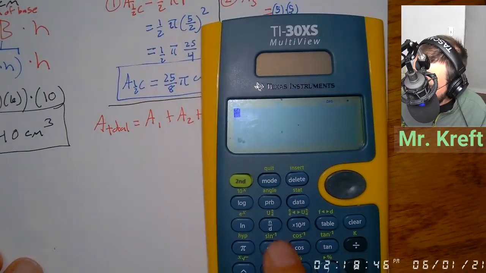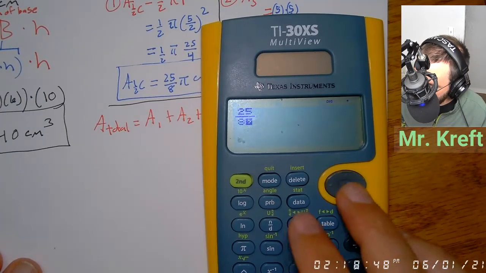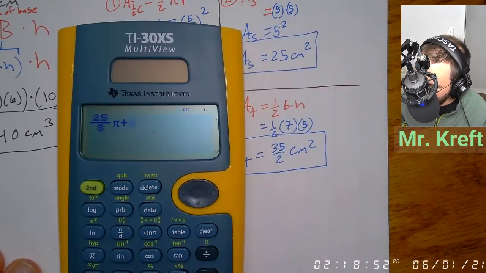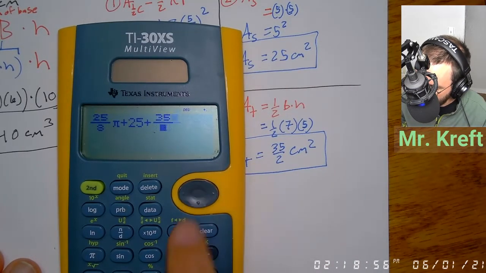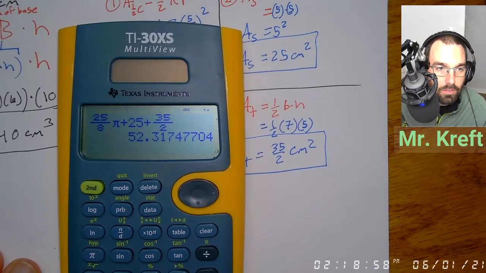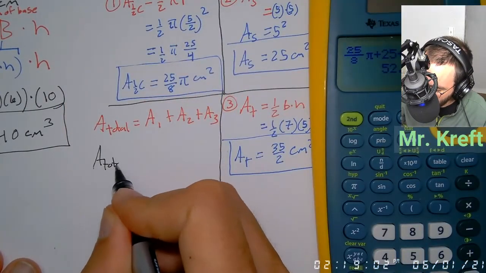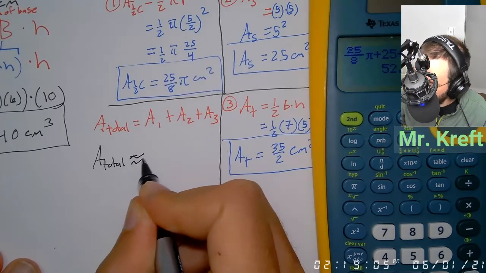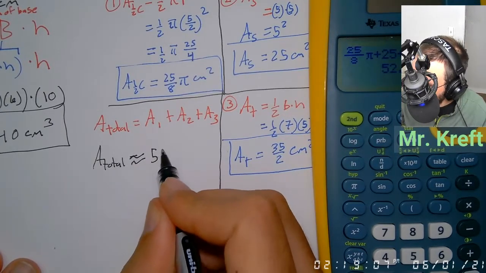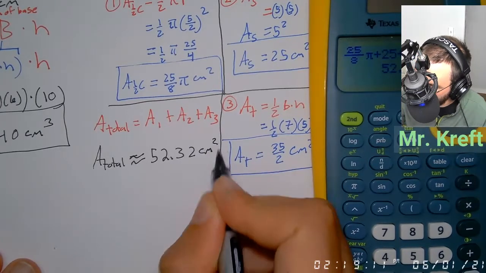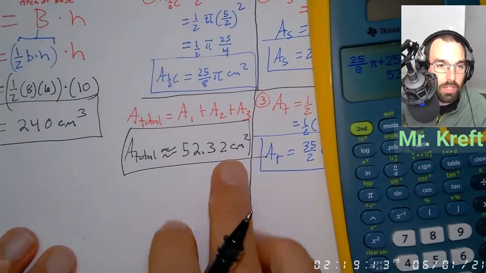So I'm going to have 25/8 pi plus 25 plus 35/2. And I add those all together, and I get that my area total is approximately 52.32 centimeters squared.